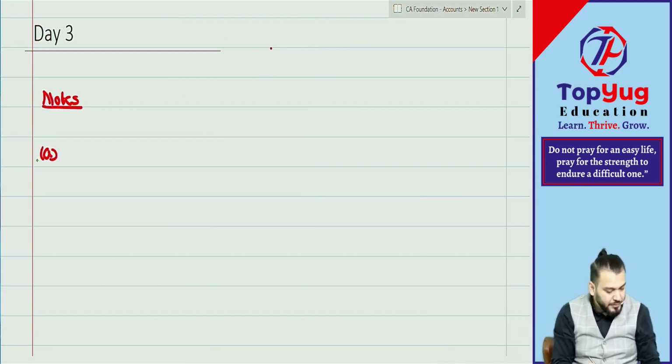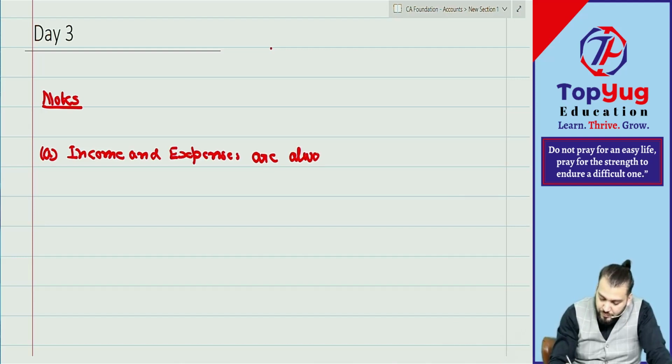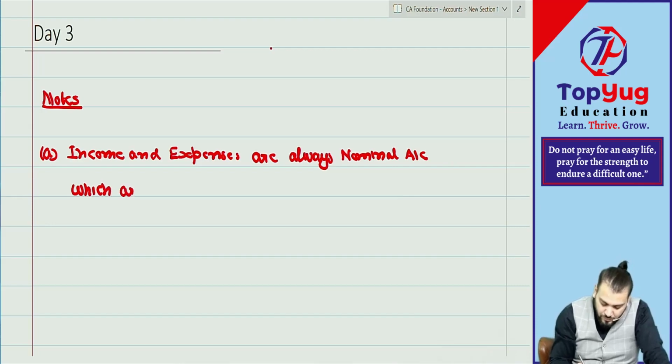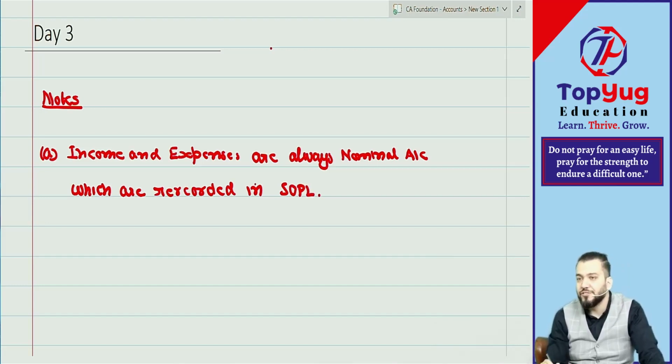Point number A. Income and expense are always nominal account, which are recorded in SOPL, statement of profit and loss.